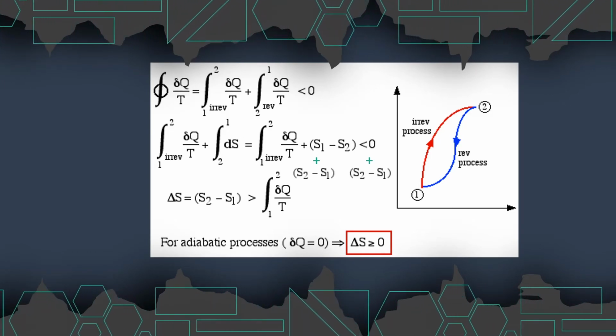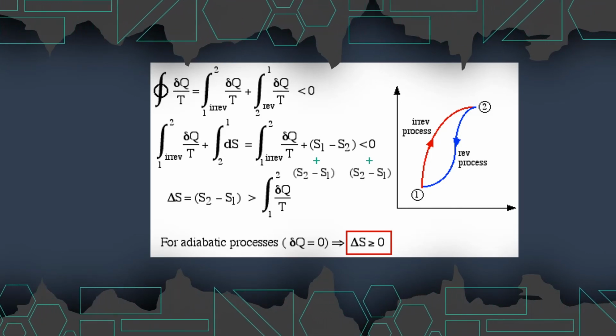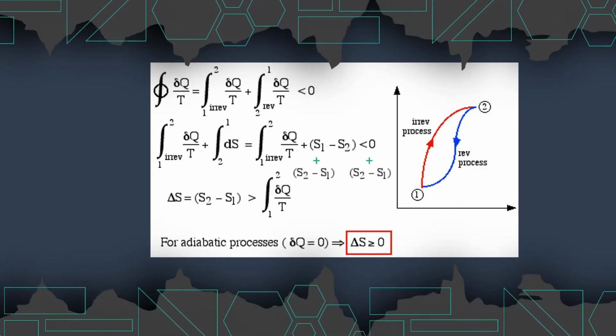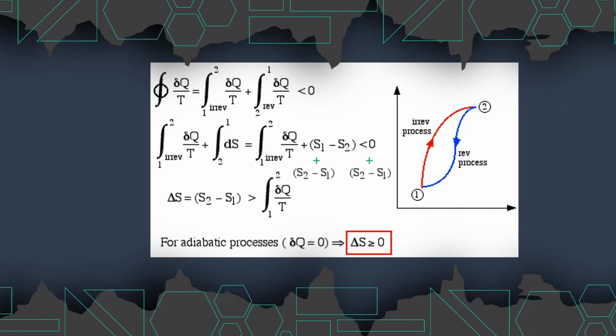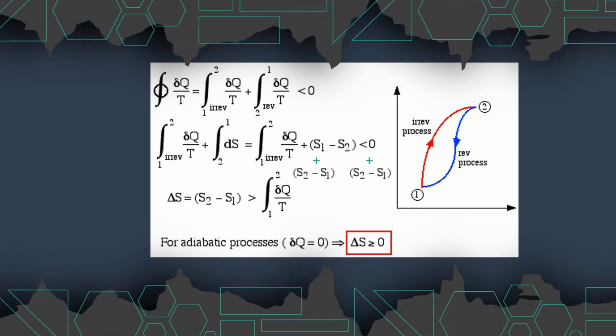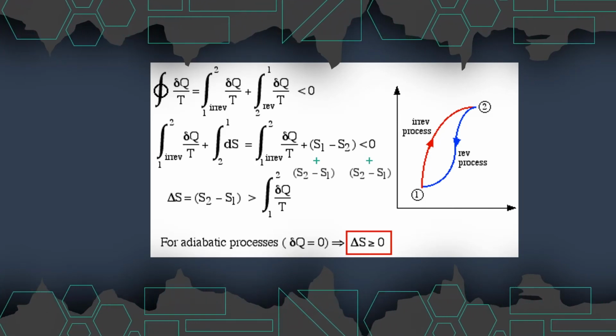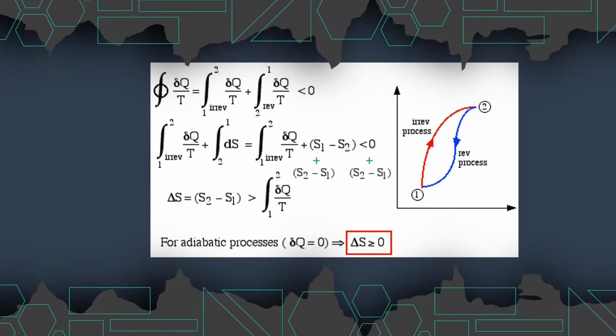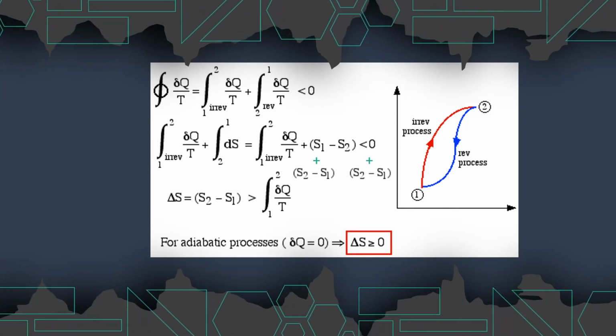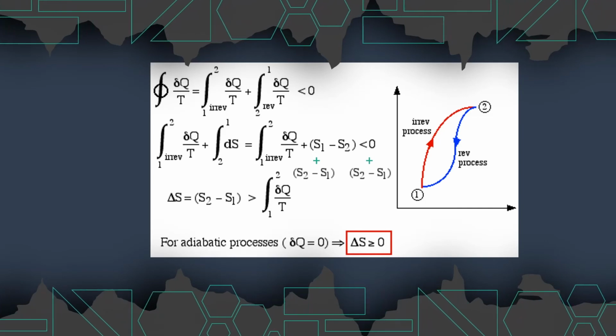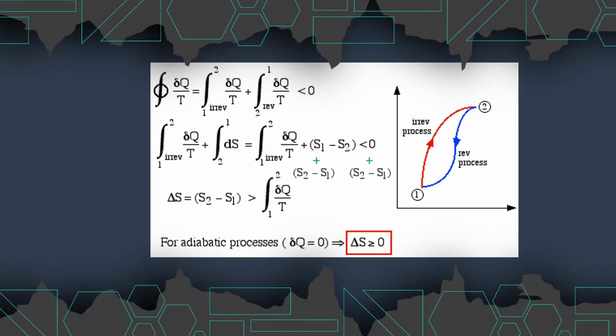Solving will result in the change of entropy being always greater than or equal to 0: equal to 0 for the reversible case and greater than 0 for the irreversible case. Entropy gives the direction in which reactions take place.